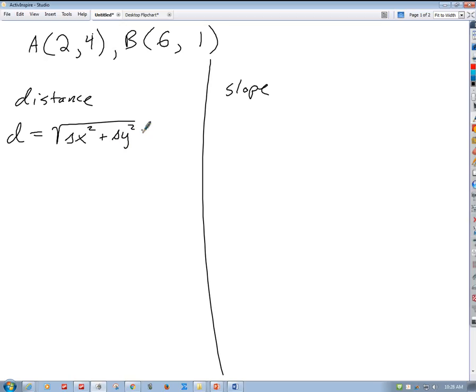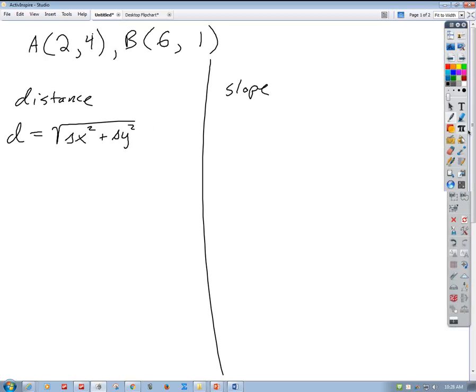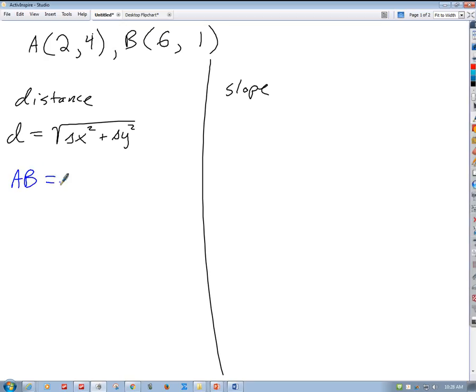Okay, so let's actually calculate a distance. Let's calculate the distance between A and B, which in geometry we would just write like that. It means the length of segment AB, or the distance between points A and B. And so what do we get then?